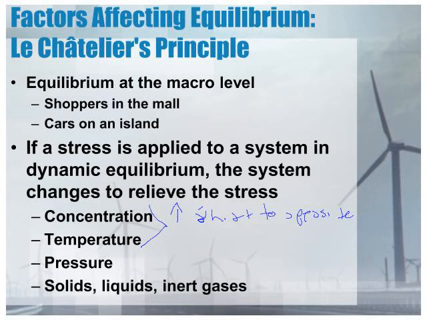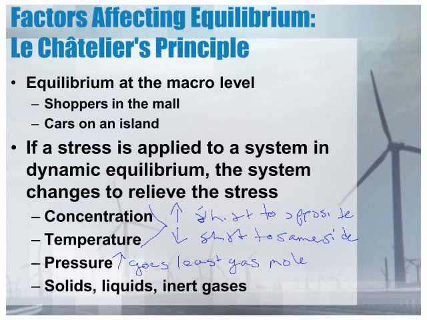So you shift to the opposite side of what you're adding to. If you decrease that, it's going to shift to the same side of the reaction. Okay, with pressure, if you increase the pressure, it's going to go to the side with the least number of gas moles, or molecules, however you want to look at a reaction.